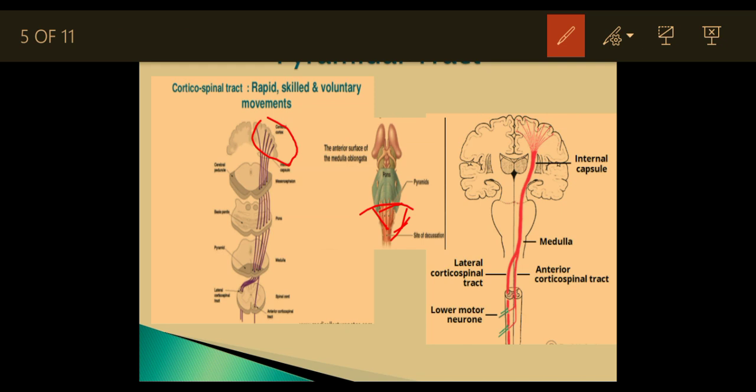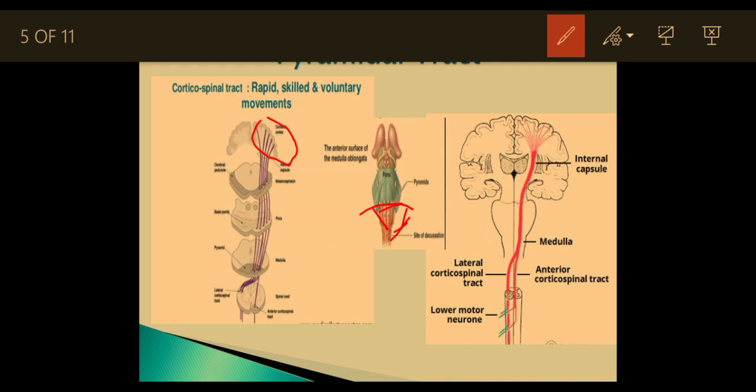After originating from the upper motor neuron nuclei, they descend downward, first in the corona radiata form. So what is the corona radiata?